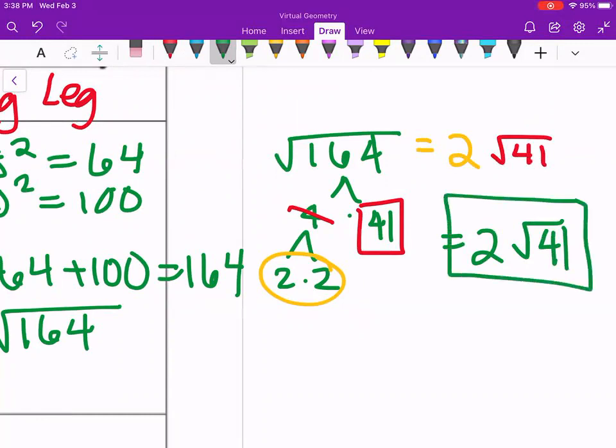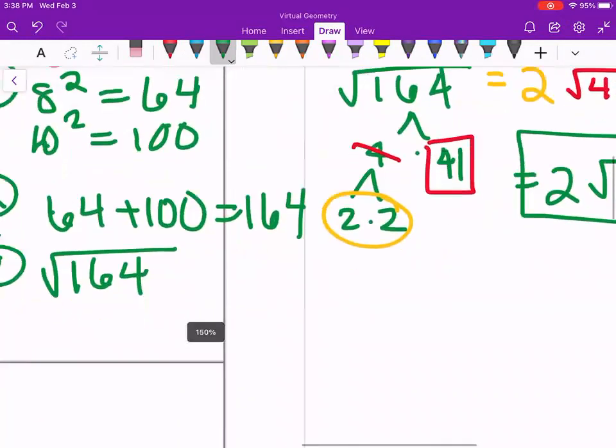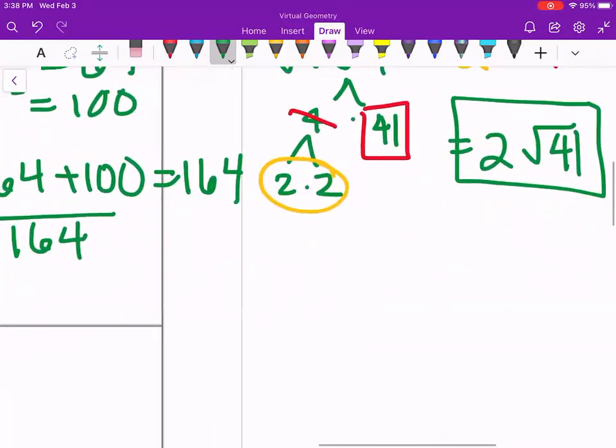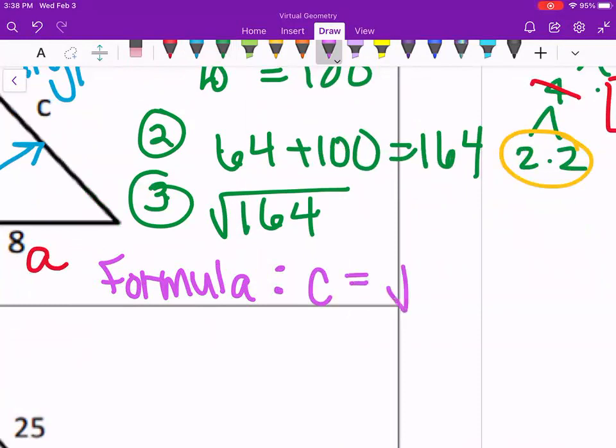So just to simplify this formula, so we don't always have to go through this 3-step process. So if I need the hypotenuse, I'm looking at, kind of go backwards. We square rooted 164. Well, where did I get 164 from? 64 and 100.